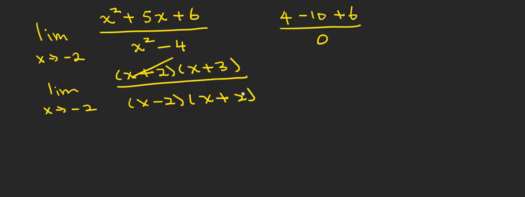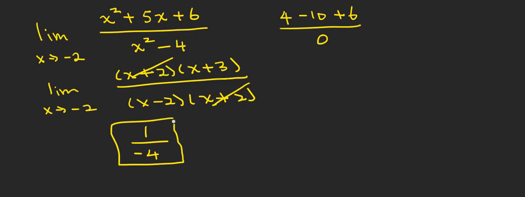So x plus 2 cancels out. Now what happens when you plug in negative 2? You get 1 over negative 4. So this means as x approaches negative 2, the y value of this will approach negative 1 over 4.